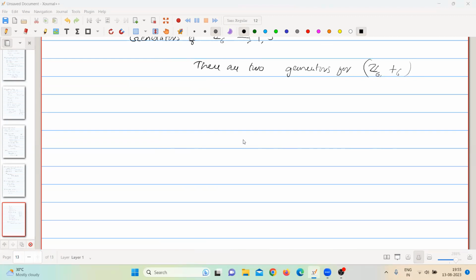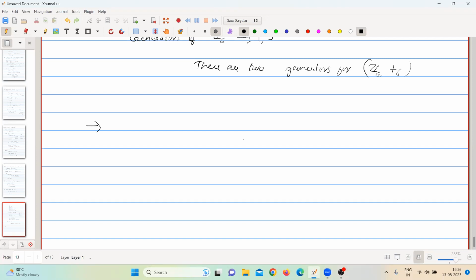Okay, distinct subgroups. I will do it with some examples. For every cyclic group, all the subgroups will be cyclic. So if it is a cyclic group, you can find all the generators.